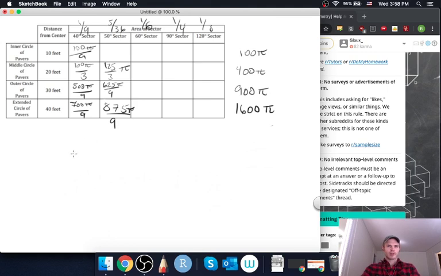There's no inner circle to subtract, so this is 5 over 36 times 100 pi. This will get 9 and 25, so this is 125 over 9.